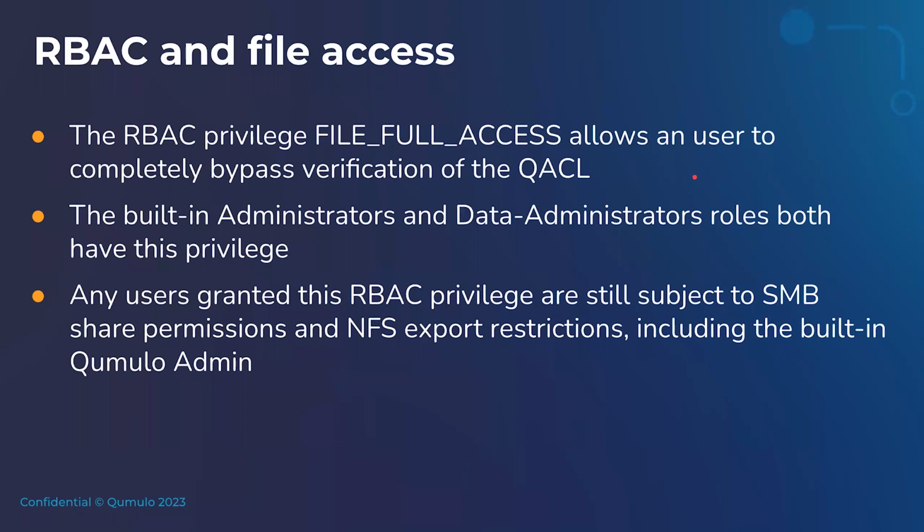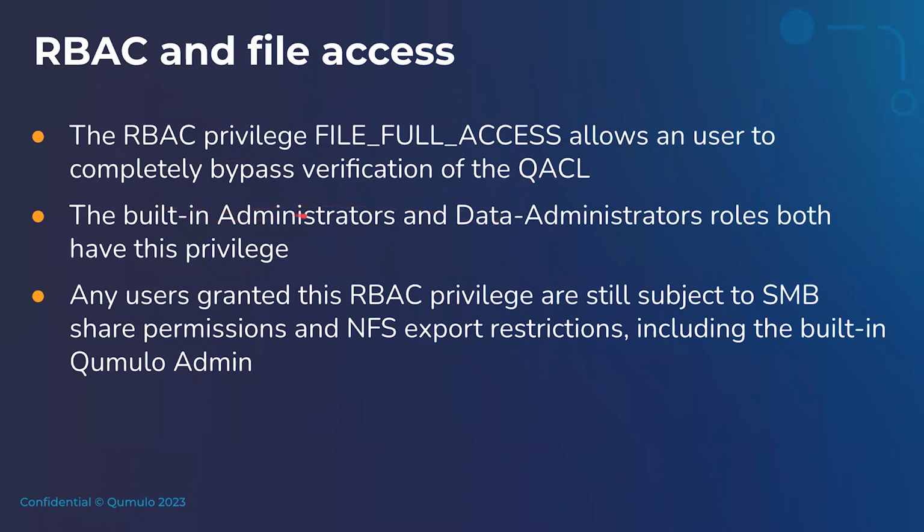So RBAC and file access have a special relationship that must be kept in mind. There is a particular privilege in RBAC called file full access. Any user that has this privilege can get to any object by completely bypassing the verification of that QACL.